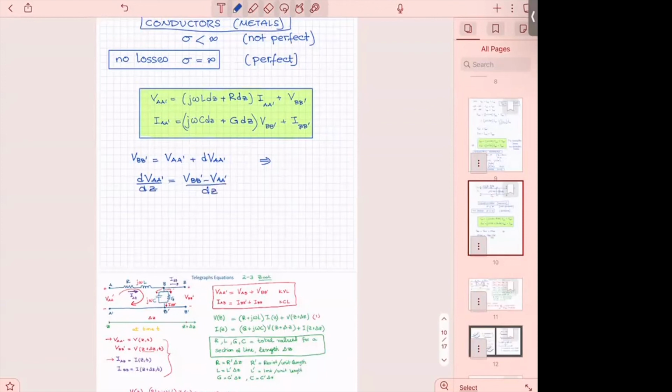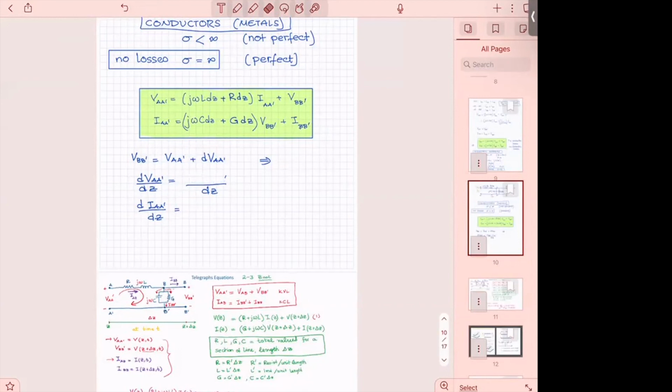And then I can also say that dIa prime, for the same reason, is equal to... And in fact, if it is around there, I will write it rather Va prime minus Vb prime.